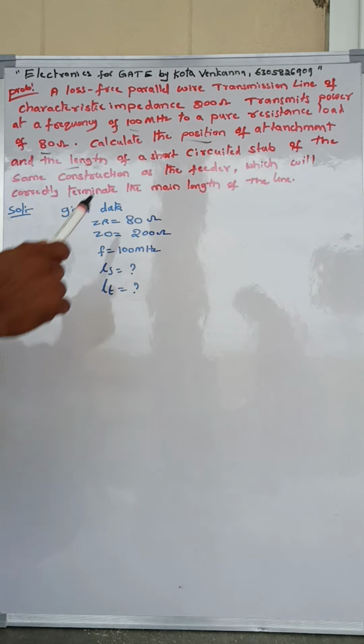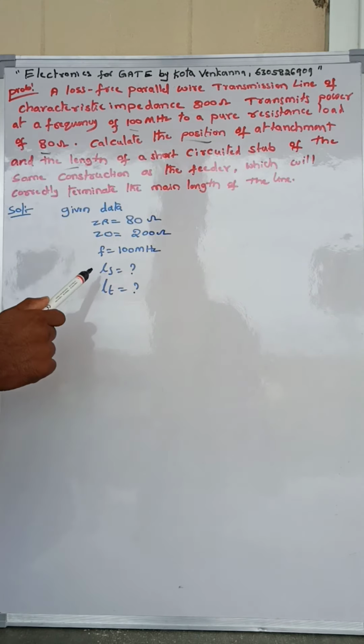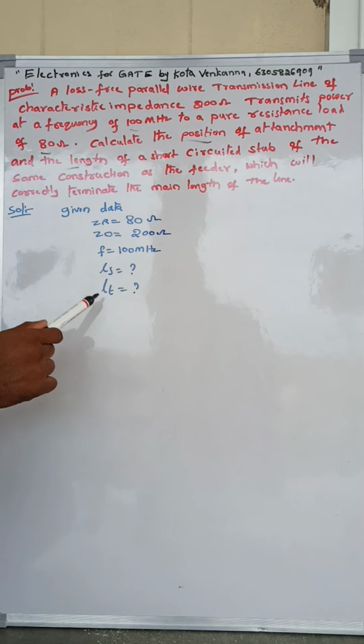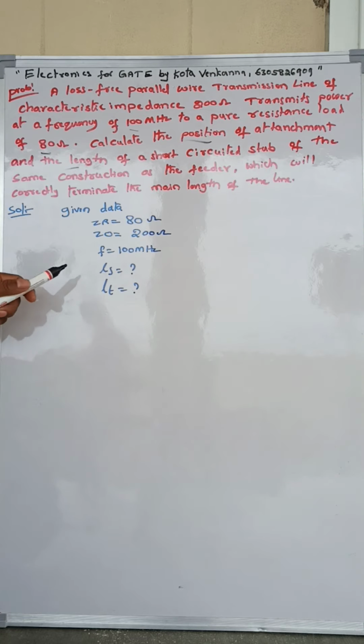We have to find the position of attachment LS and the length of the short circuited stub LT.